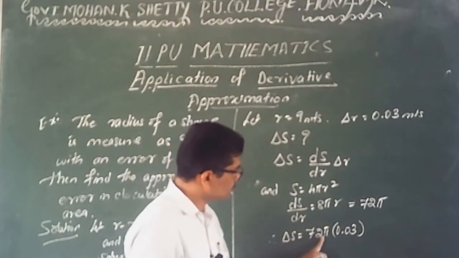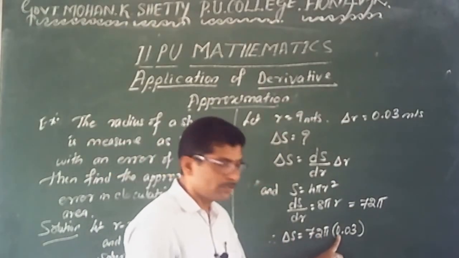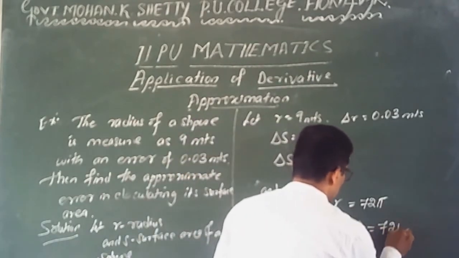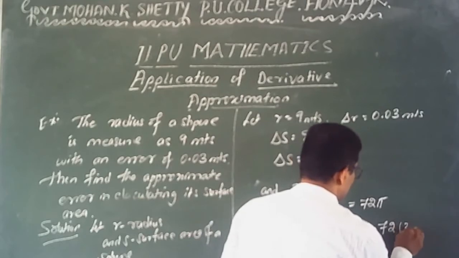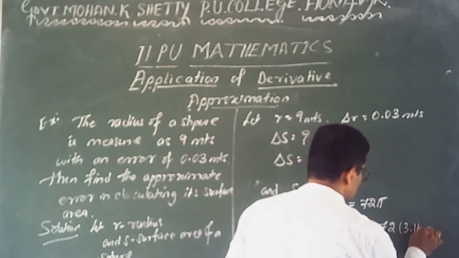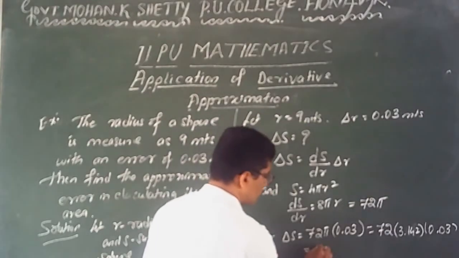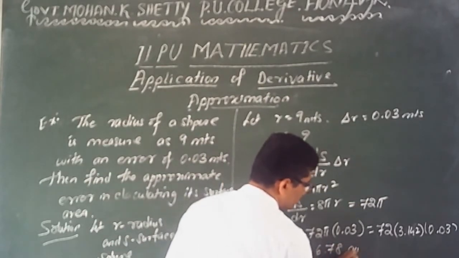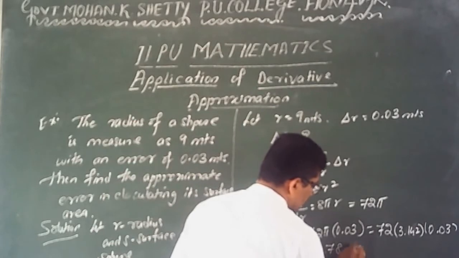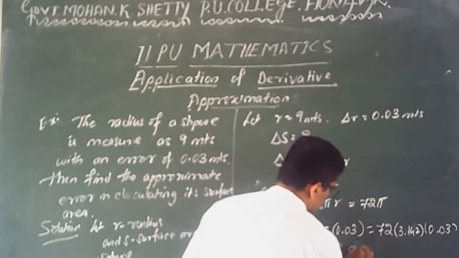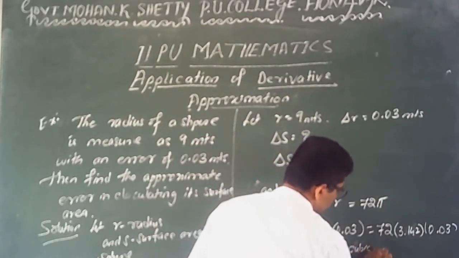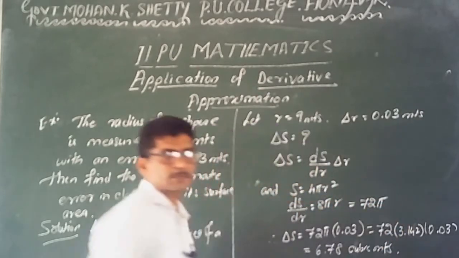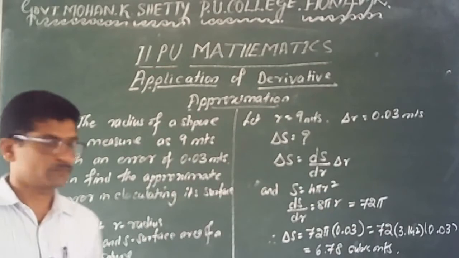Delta S is equal to 72 pi into 0.03. Its value is 72 pi, pi is 3.142, equal to 6.78 cubic meters.